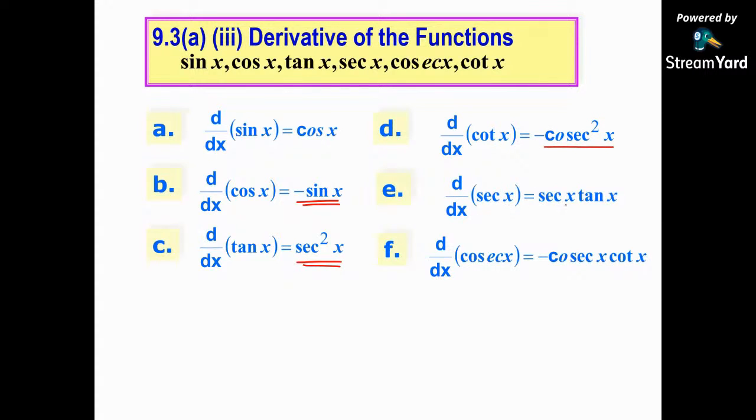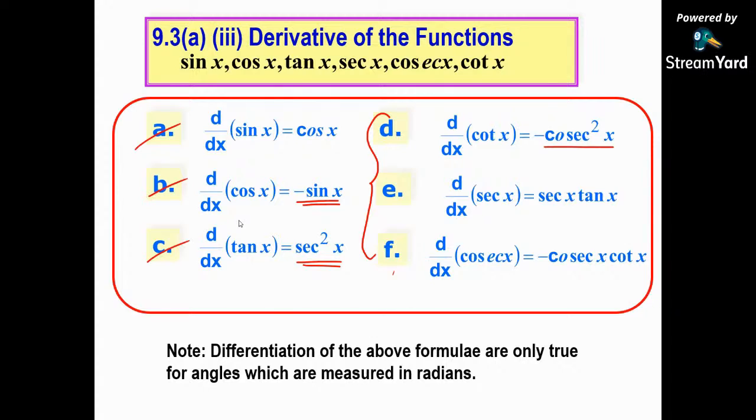Differentiating secant x, it will become secant x tangent x. Differentiating cosecant x, it will become negative cosecant x cotangent x. Basically these three will be given in your exam. You only need to memorize A, B, and C. Okay, next.